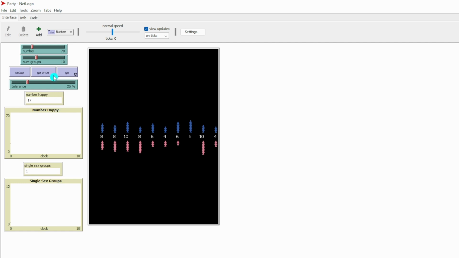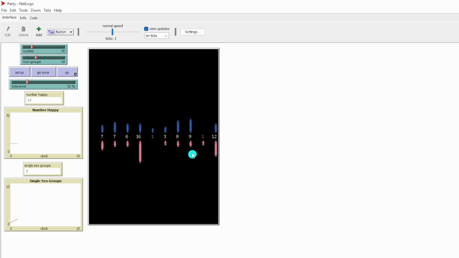If we click go once, the people who are not comfortable, they'll move to another group. Now let's observe how the group composition will change after we click go once. All of a sudden, this group has 16 people. Now we have 2 groups that have single sex group. There are a group here and a group here.